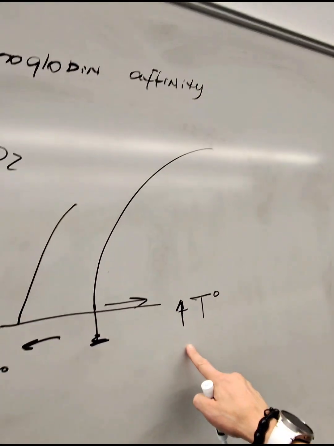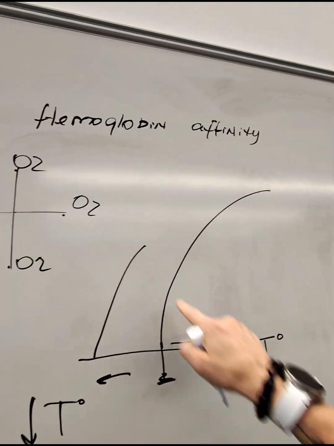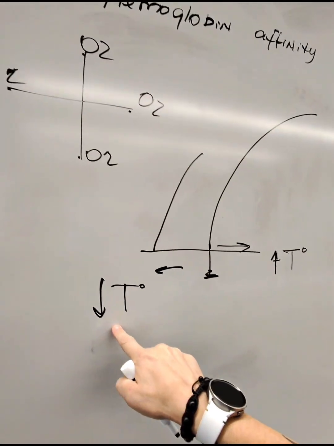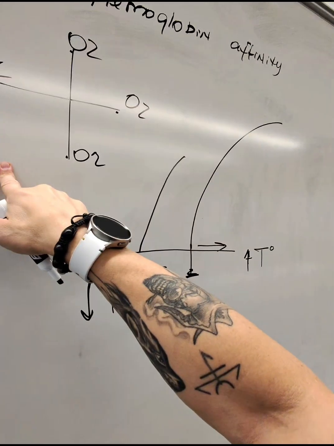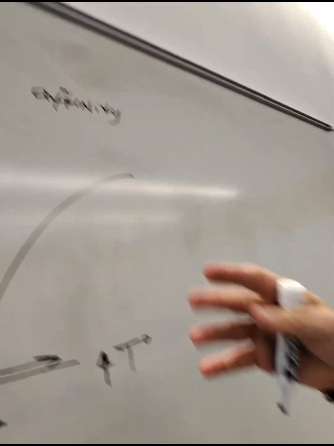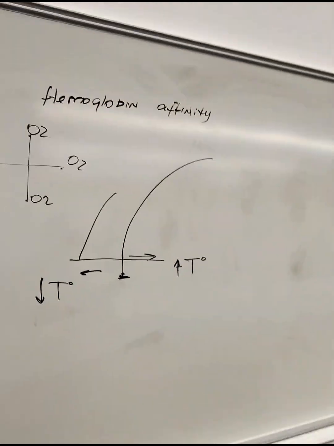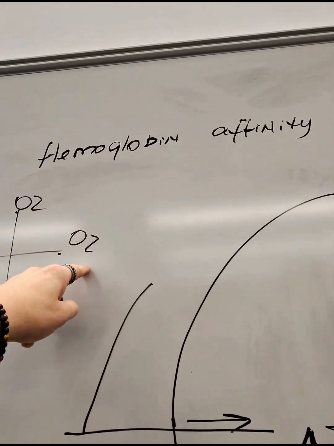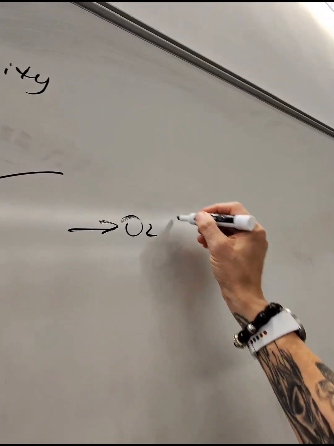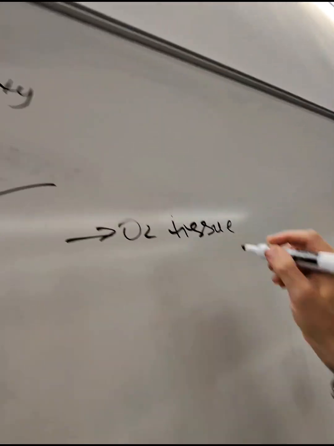When the temperature increases, the affinity decreases. When the temperature decreases, the affinity increases. It means that if you are in a hot environment and you need more oxygen as an organism, your hemoglobin will release more oxygen into the tissue, which is a good thing.